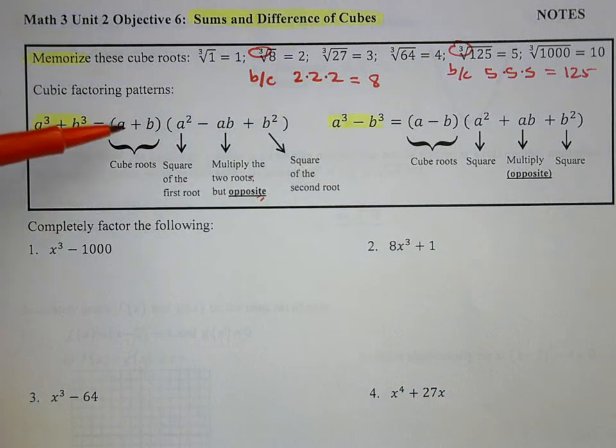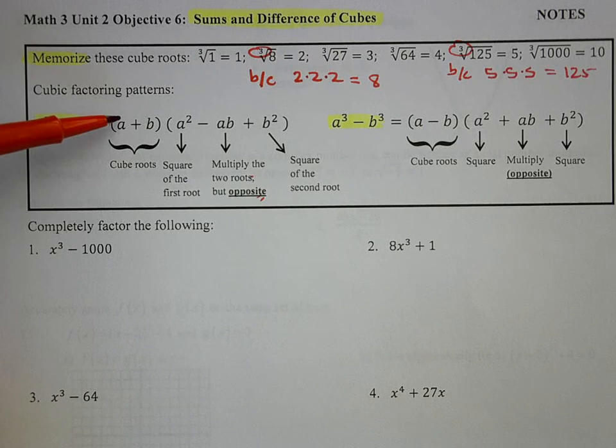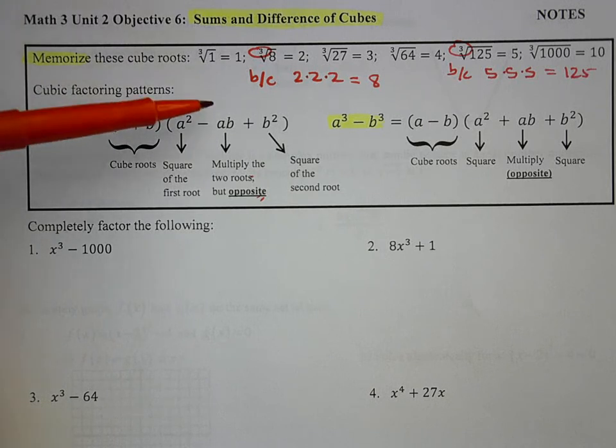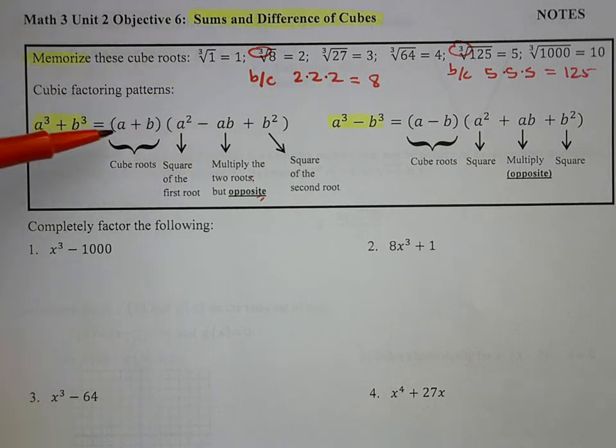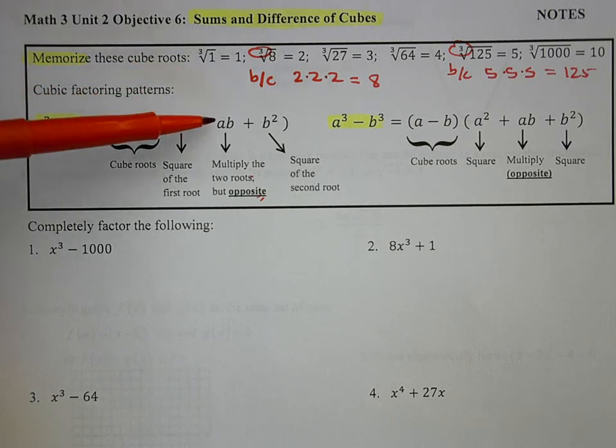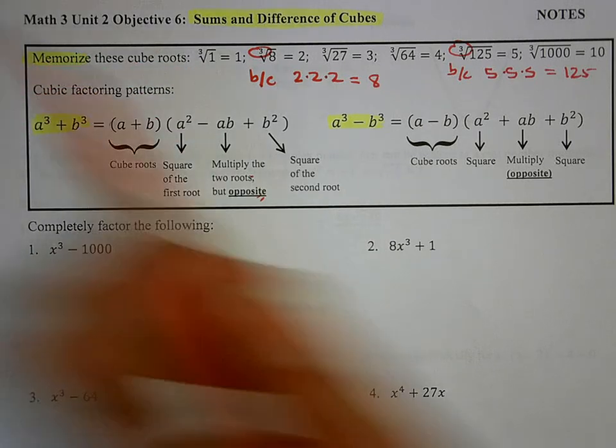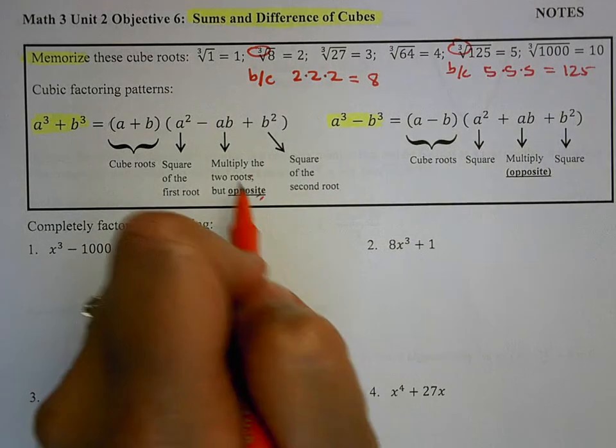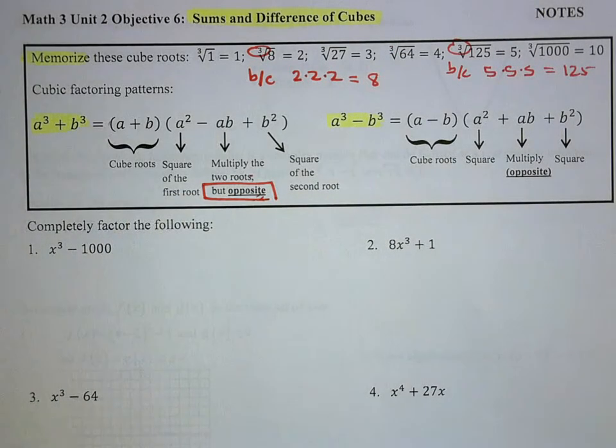Say if that was an x and a 2, that would be 2x, but negative 2x. Or if that was a 3 and an x, that would be 3x, but negative 3x. If that was x and negative 4, then this would be positive 4x, right? So always opposite on that one.